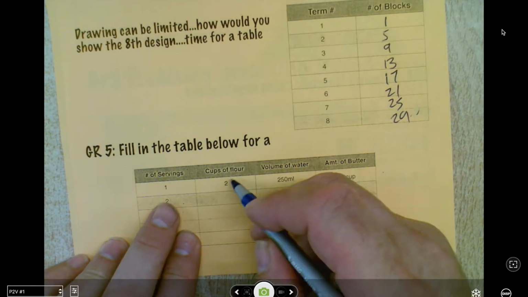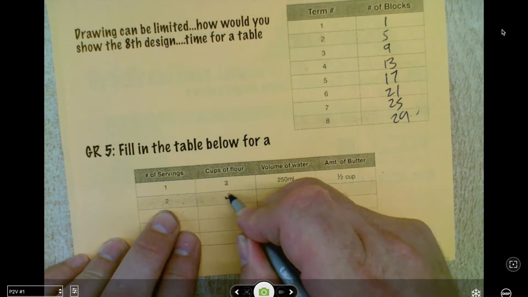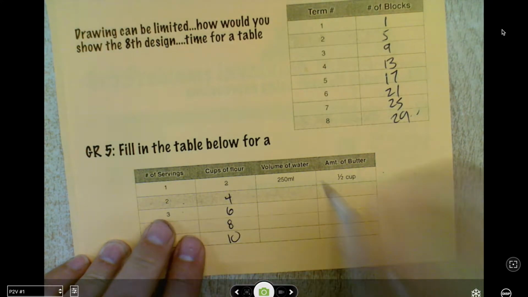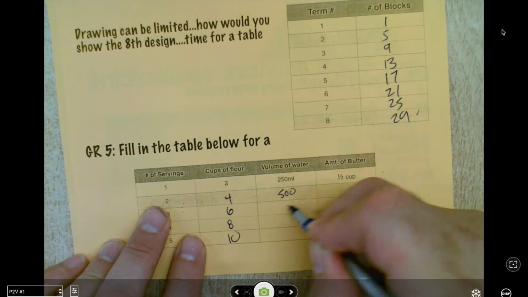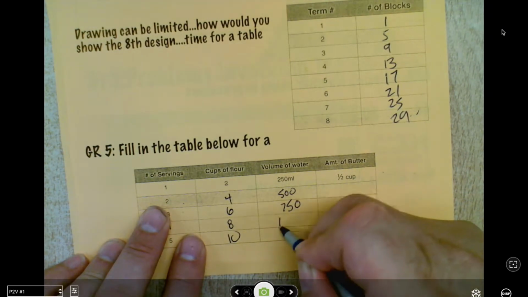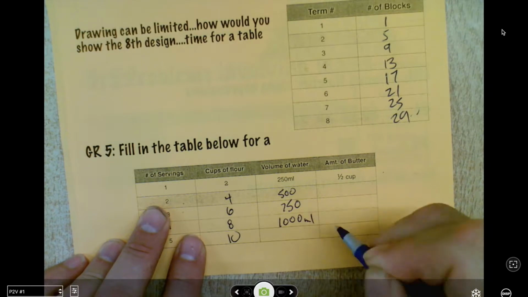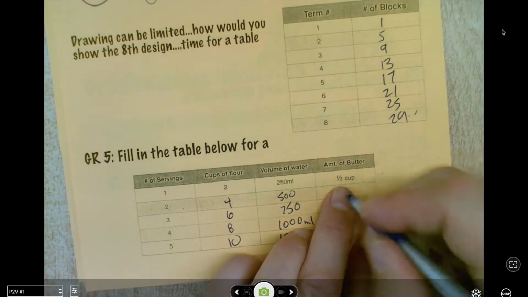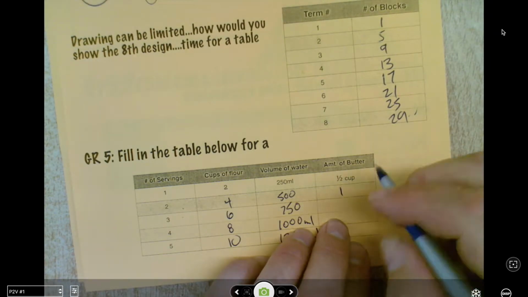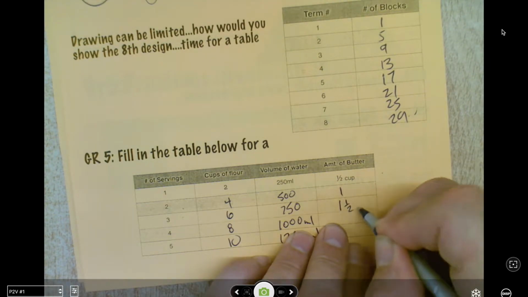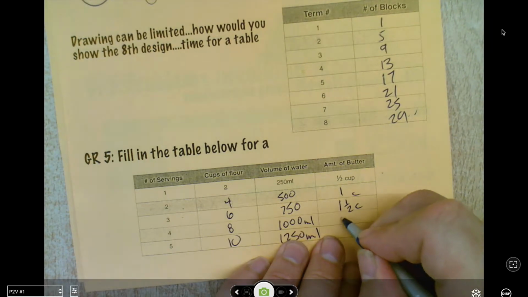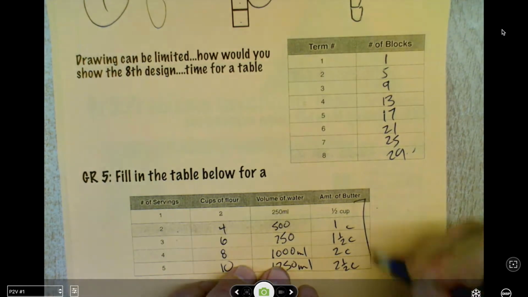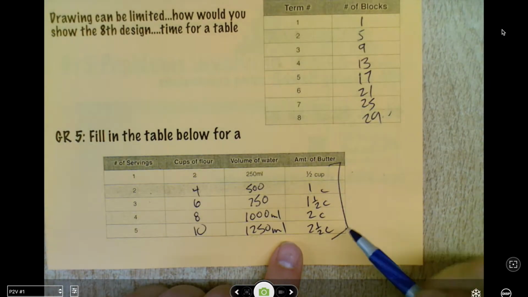But again, we just 2 plus 2 is 4, plus 2 is 6, 8, and 10. 250 mils, 500 mils, 750 mils, 1,000 mils, and then 1,250 mils. And this half plus a half is 1 cup. Then I have 1½ cups. Then I have 2 cups. Then I have 2½ cups. Now we haven't really added fractions, but that basic adding I'm hoping you're going to be able to do.